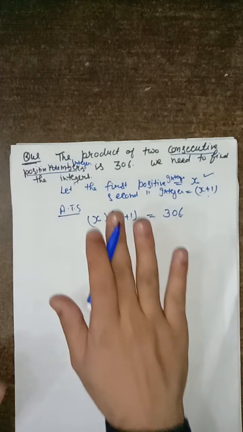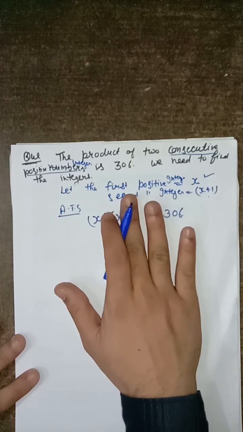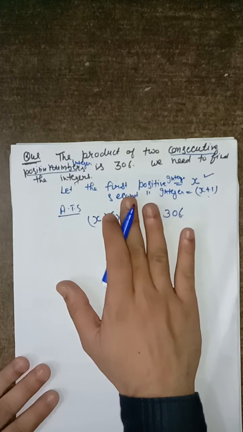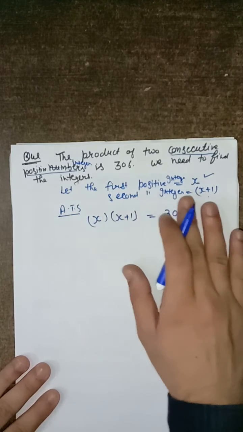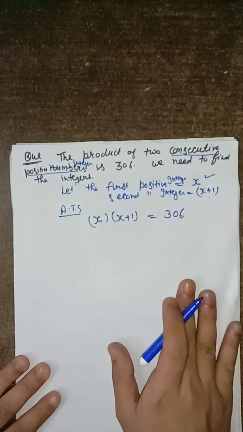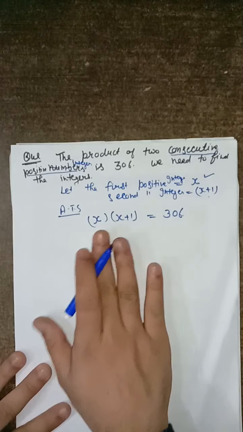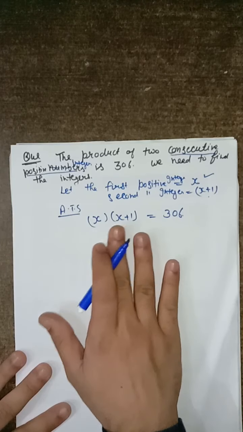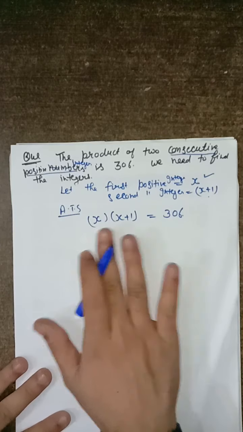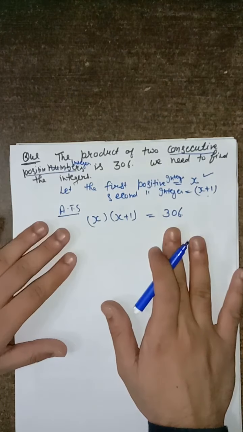We just simply let the first positive integer x, then automatically second positive integer will be x plus 1, and according to the statement x into x plus 1, the product of two consecutive numbers, is 306 given.